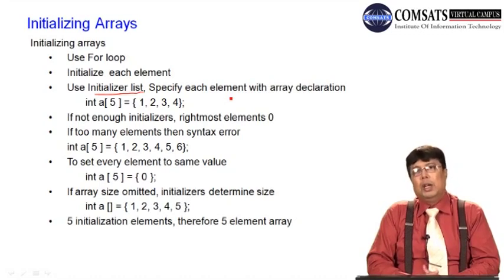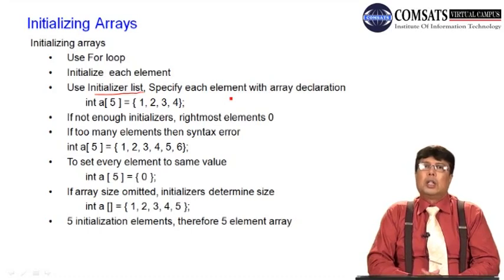Remember, when we initialize a variable, usually in the beginning, it performs all three tasks. Number 1, declaration. Number 2, definition. Number 3, initialization. I hope you remember all three. Let me quickly go through it.